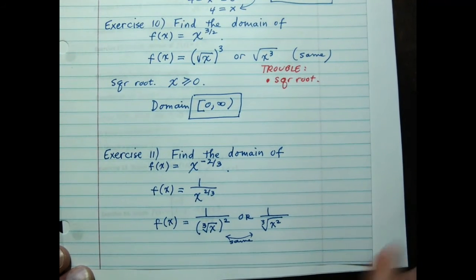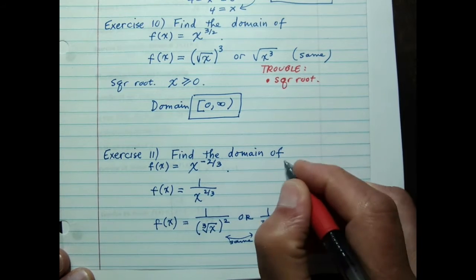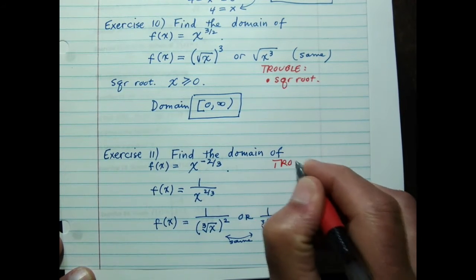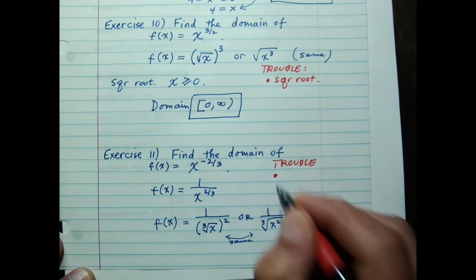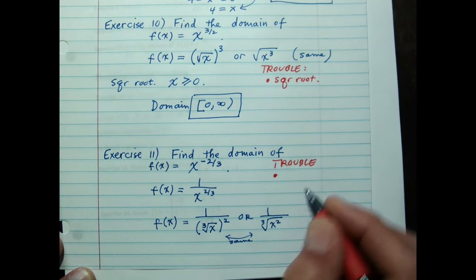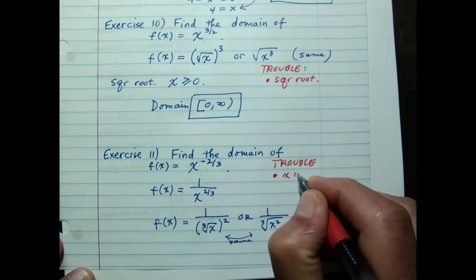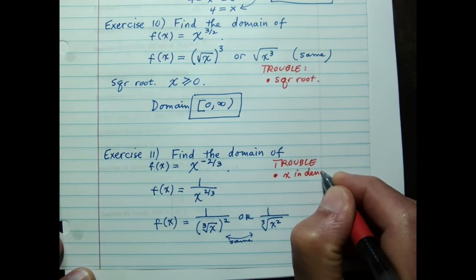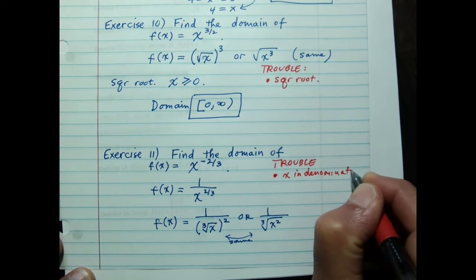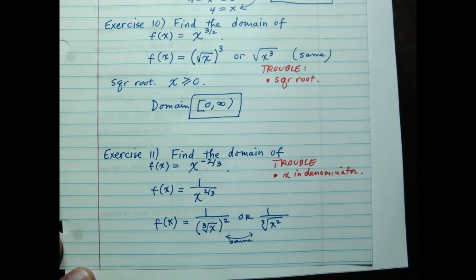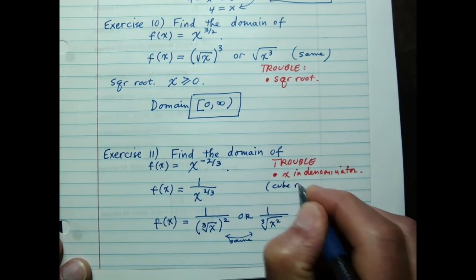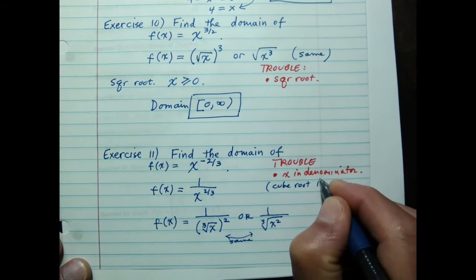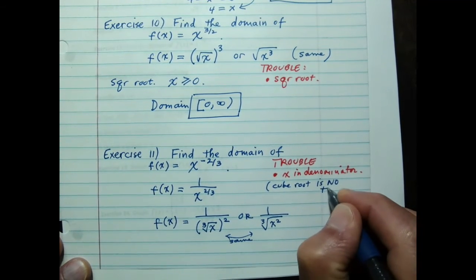And so the trouble here is, there's no square root. The trouble is x in the denominator. That's the trouble. Cube root is no trouble for domains.